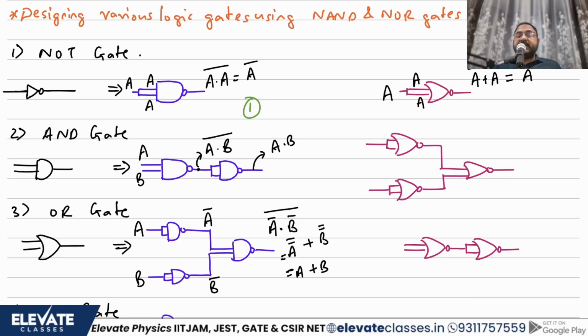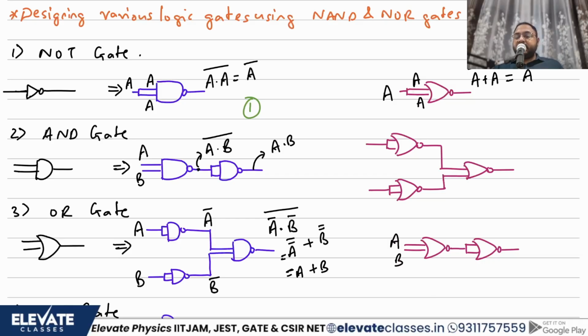So just like a NAND gate with two inputs shorted behaves as a NOT gate, similarly a NOR gate with two inputs shorted will also behave as an inverter or a NOT gate. Now let's look at the OR gate. I want to design the OR gate using a NOR gate. Designing an OR gate is fairly straightforward.